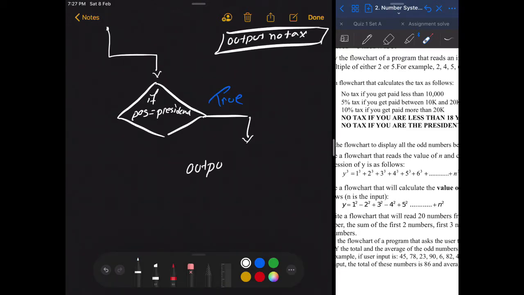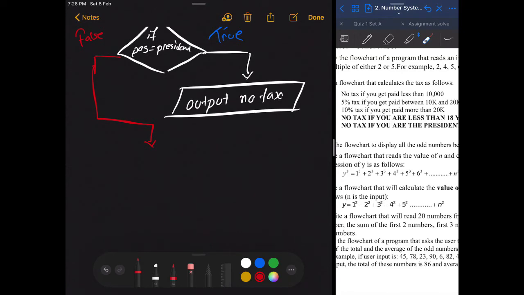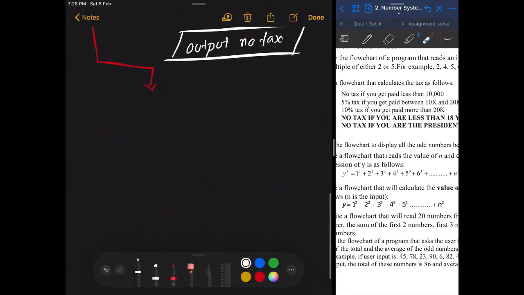So we put another parallelogram that says no taxes because we are showing an output. However, if that is false, what does that mean? So that means that the person is of course 18 years old or higher, and he's not the president of that company, so he's definitely given taxes.